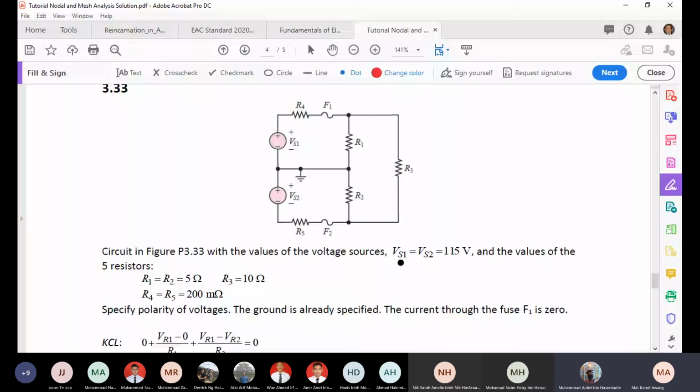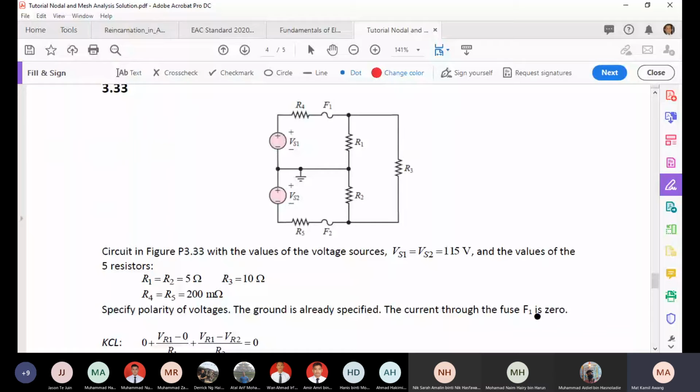You are given VS1 and VS2 equal to 115 volts, and the resistances: R1 and R2 equal to 5 ohm, R3 10 ohm, R4 and R5 200 milliohm. These are very small resistors. You need to specify the polarity of the voltage. The ground is already given here.